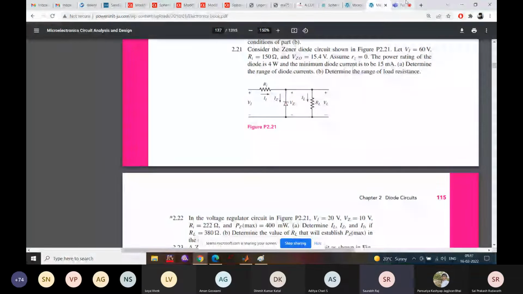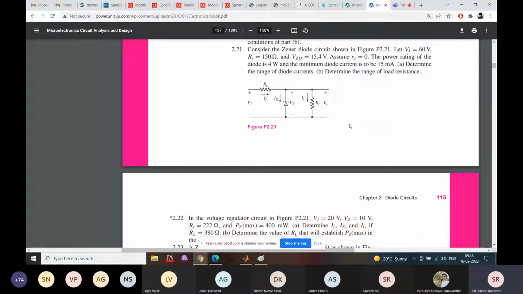Sir, when there will be no current through zener, then that will be maximum.